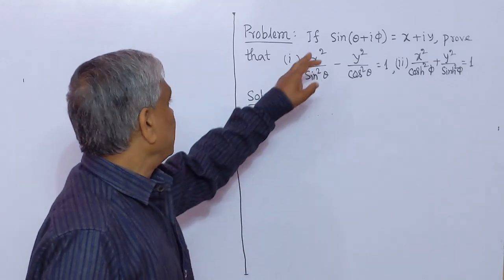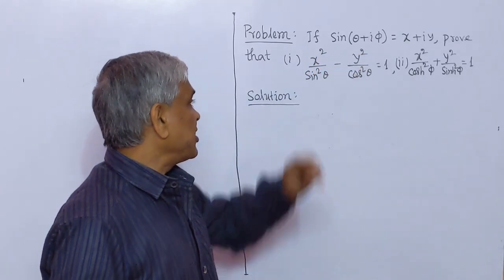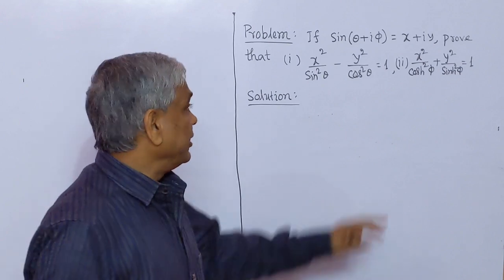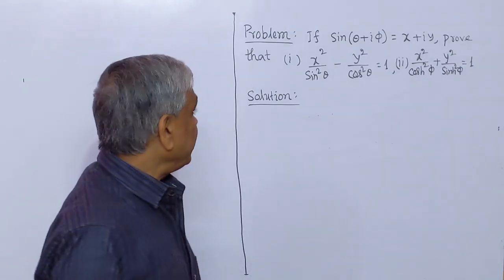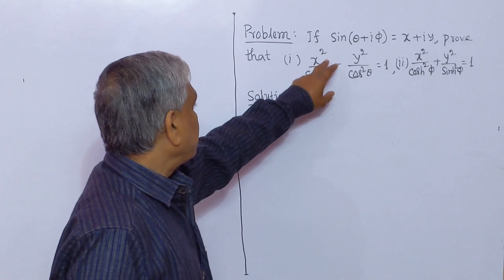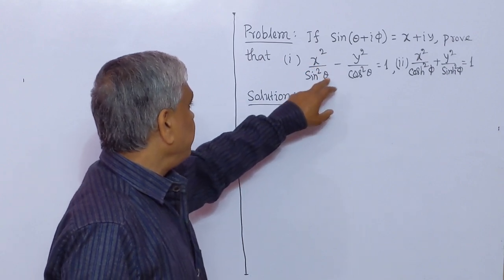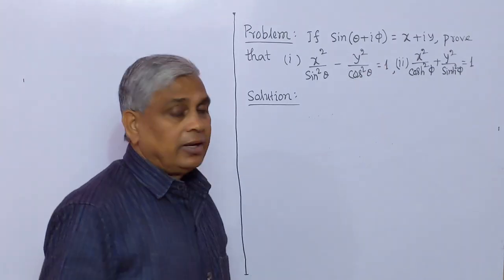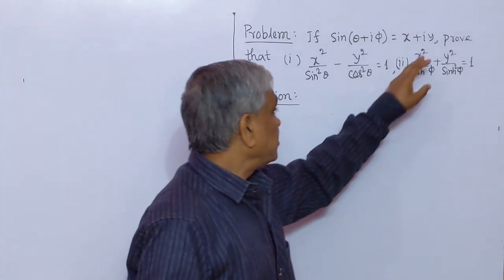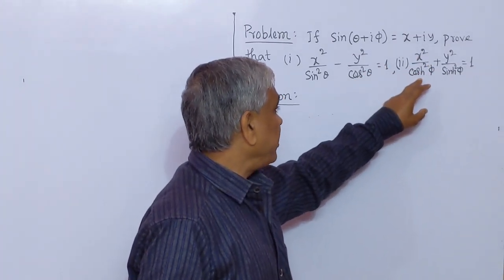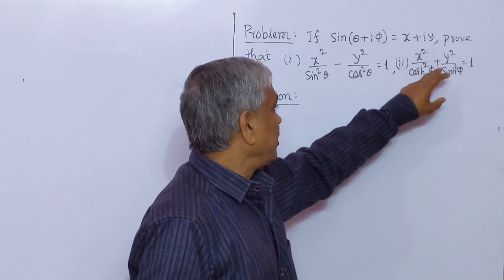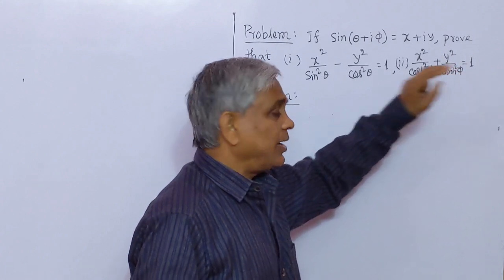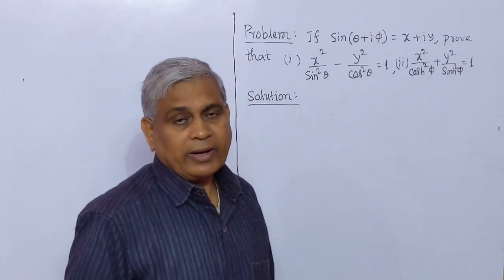Problem is, if sin(theta + i phi) = x + iy, then prove that number 1, x squared by sin squared theta minus y squared by cos squared theta equals 1. Number 2, x squared by cosh squared phi plus y squared by sinh squared phi equals 1.